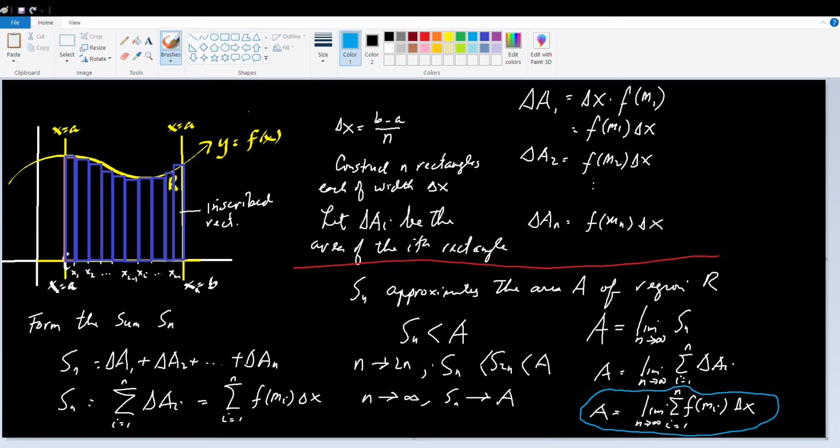Okay. We can also apply the absolute maximum values. In that case, the rectangles that we will be constructing are circumscribed rectangles.